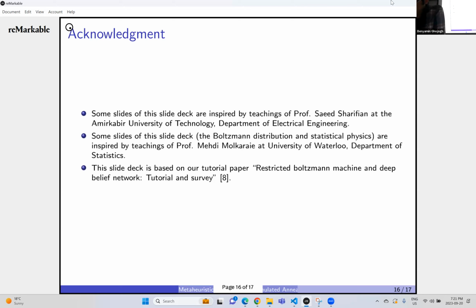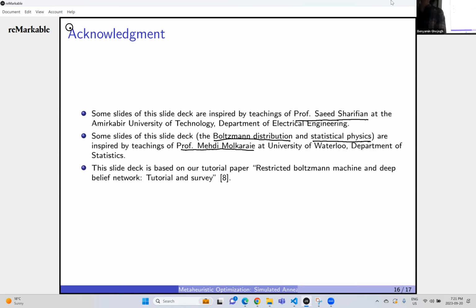Acknowledgement: some slides of this slide deck are inspired by teachings of Professor Said Sharifian at Amir Kabir University of Technology, Department of Electrical Engineering. Also, some slides of this slide deck, especially the Boltzmann distribution and statistical physics, are inspired by teachings of Professor Mehdi Molkarai here at the University of Waterloo Department of Statistics.